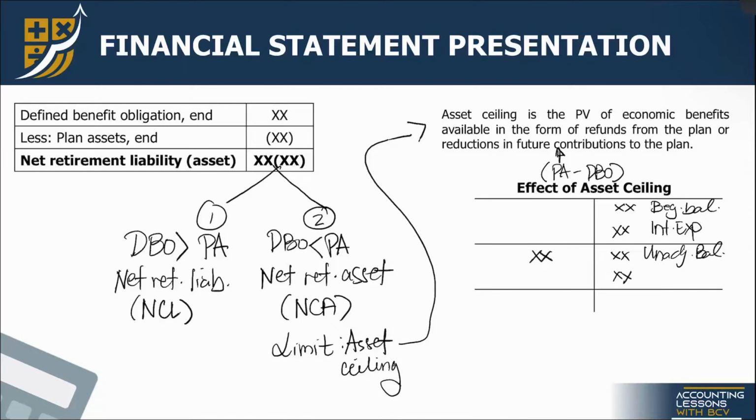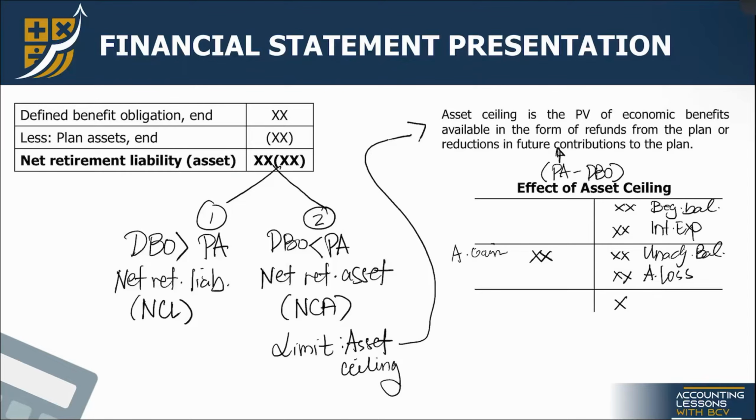Alright? Pag nag-increase yan, ibig sabihin, meron tayong actuarial loss. No? Magkakaroon tayo ng actuarial loss. So may third category na tayo for the actuarial gains and losses. And that is in connection with effect of asset ceiling. Okay? Tapos, kapag ang effect of asset ceiling ay nabawasan, ibig sabihin, nagkaroon tayo ng actuarial gain sa kanya.